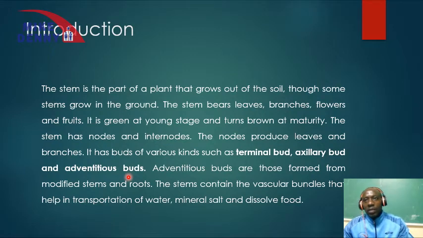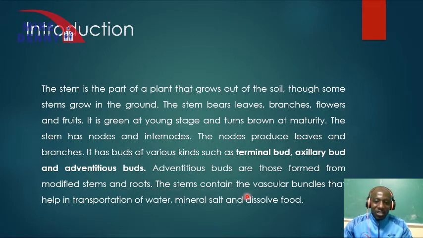You discover that when you look at plants like cocoyams, like Irish potatoes, like sweet potatoes, and you look at what you eat as cocoyams, as yams, as sweet potatoes, as Irish potatoes, you discover that in them there are some areas where that tuber can shoot. So those areas where the tuber can shoot, we call it adventitious buds. So we have it in stems and roots.